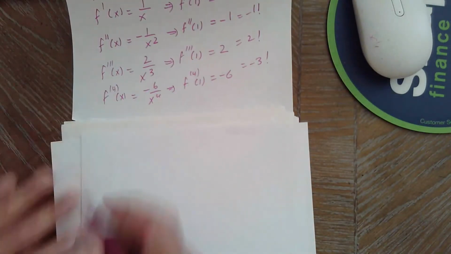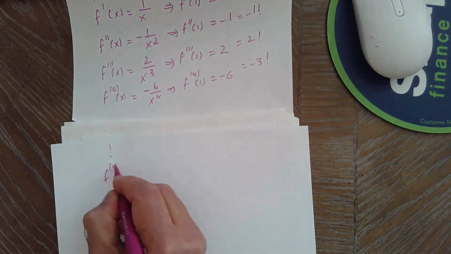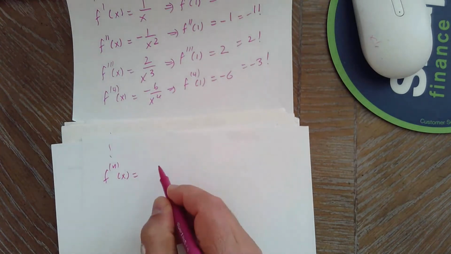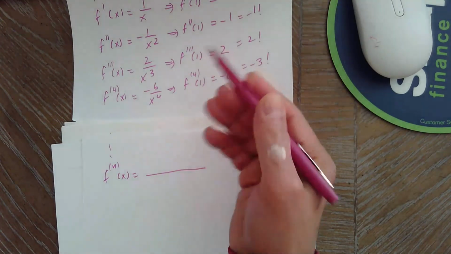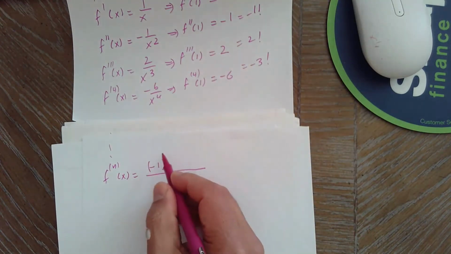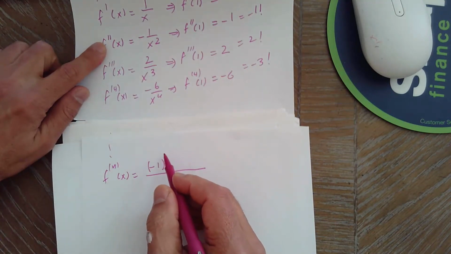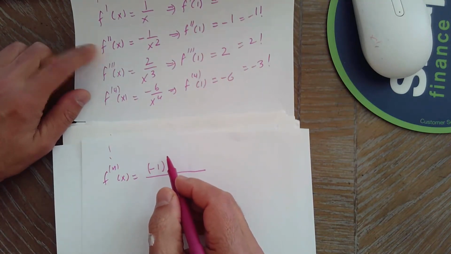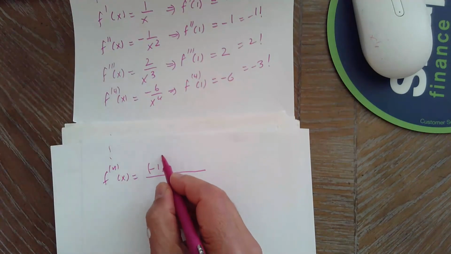So it looks like we have a pattern for ln of x. You're going to see plus, minus, so it's negative 1. When n is even, it's negative. When n is odd, it's positive.